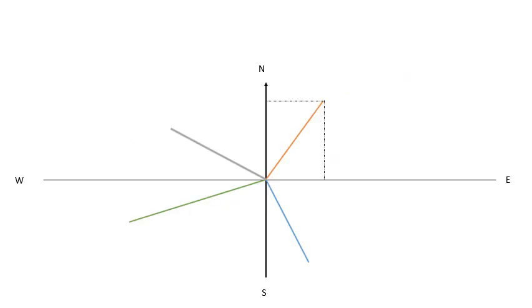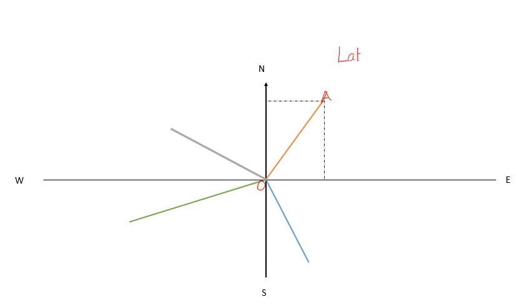Here I have given different lines. For example, this is point O and this is A. So what is the latitude of the line OA? How can you get it?